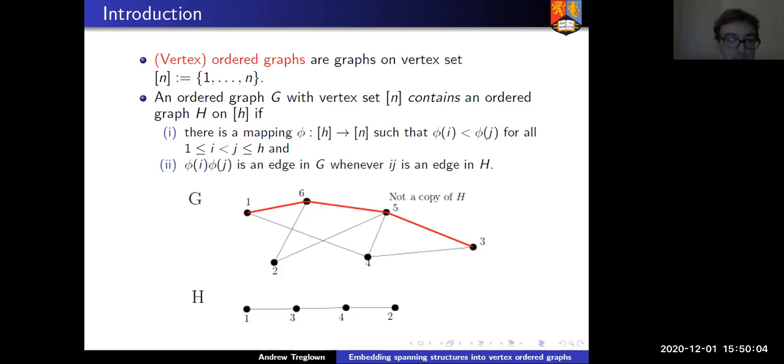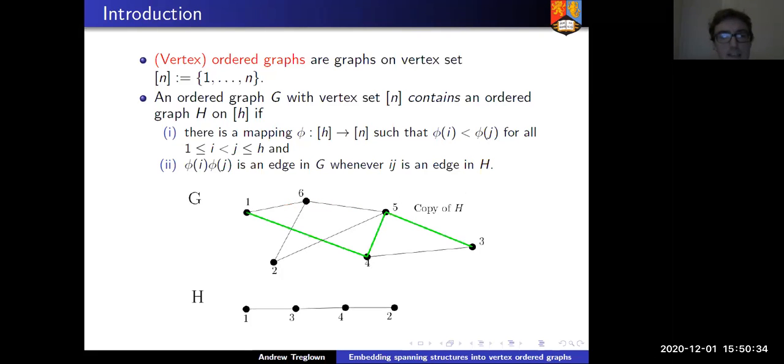But look at the pattern of H. We go from 1, 3, 4, 2, so from the smallest vertex to the second largest vertex to the largest vertex to the second smallest. Whereas this red path goes 1, 6, 5, 3. So we go from the smallest vertex on the path to the largest vertex on the path to the second largest to the second smallest. So the pattern of how you go up and down does not match.